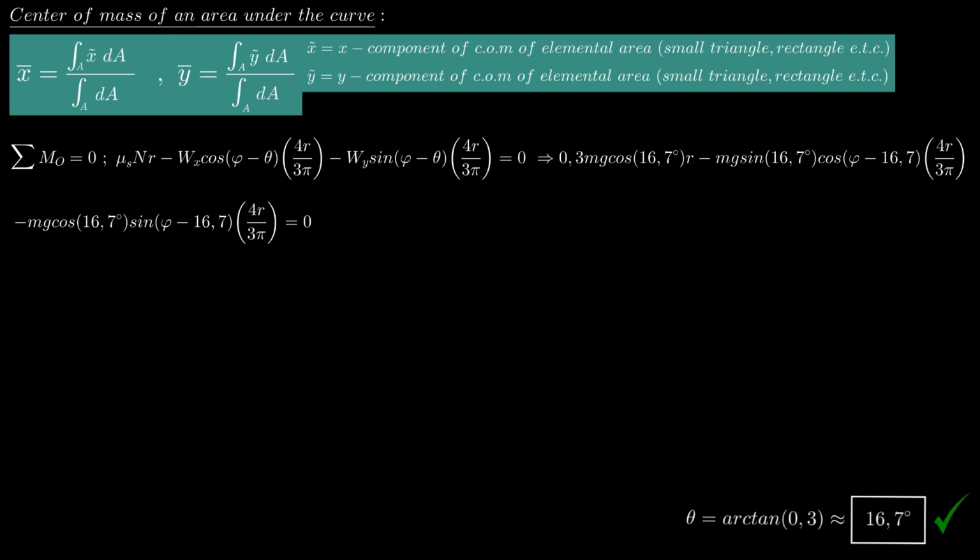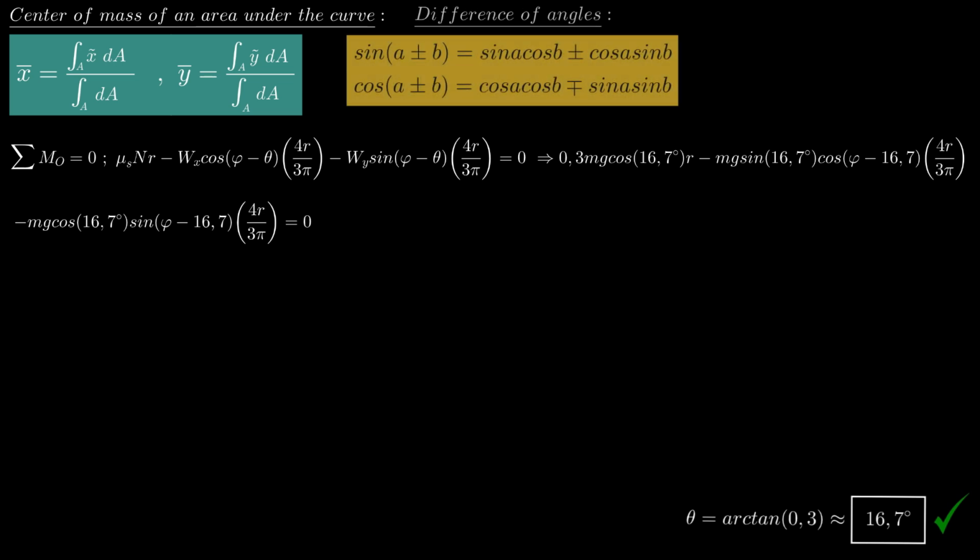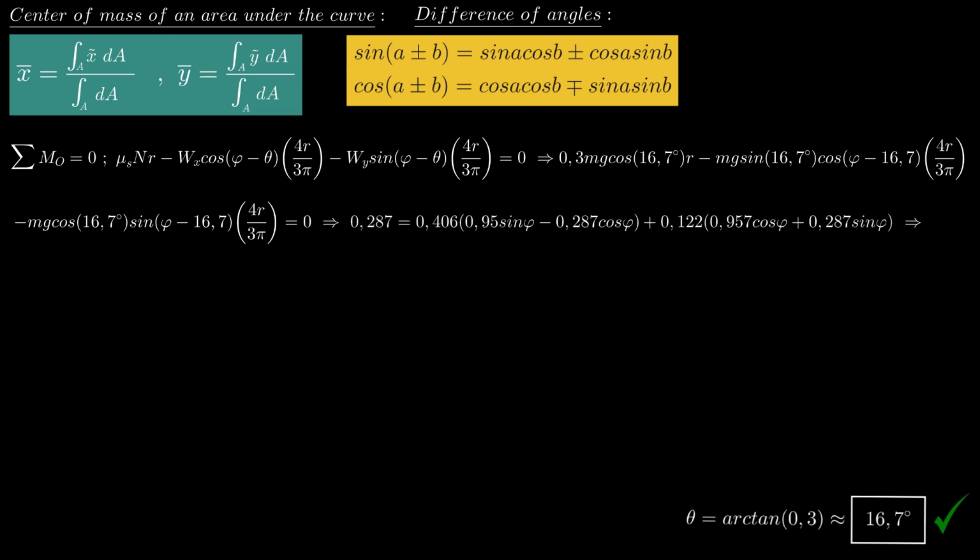Now we use our trigonometric identities for the difference of two angles. Here they are. And after factoring out m times g times r from the equation, bringing the last two terms to the other side and evaluating sine of 16.7 and cosine of 16.7, we have 0.287 equals 0.406 times 0.95 times sine of phi minus 0.287 times cosine of phi plus 0.122 times 0.957 cosine of phi plus 0.287 times sine of phi.